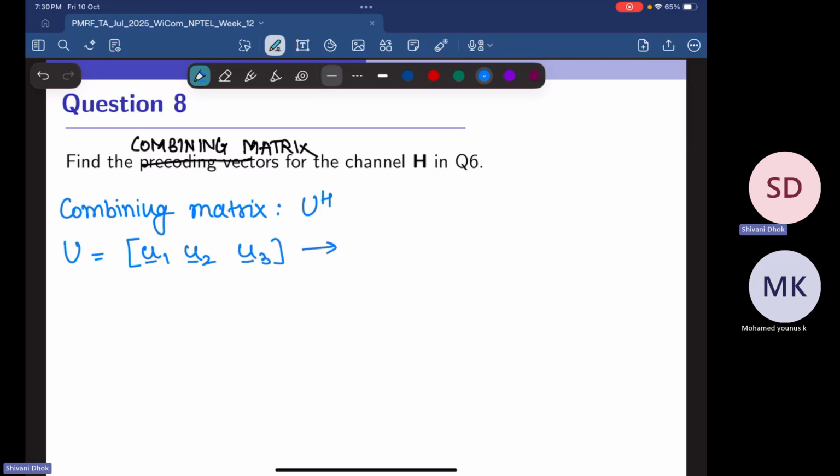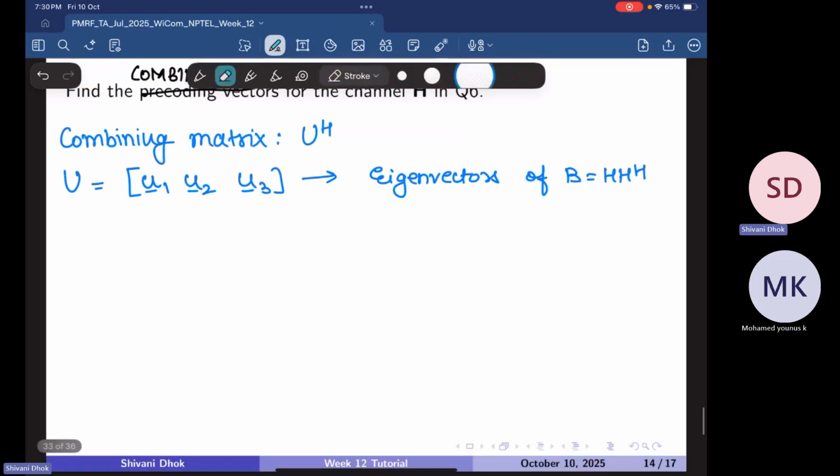These contain the eigenvectors of B equal to HH Hermitian. And eigenvectors of B equal to HH Hermitian are exactly equal to the eigenvectors of H Hermitian H.